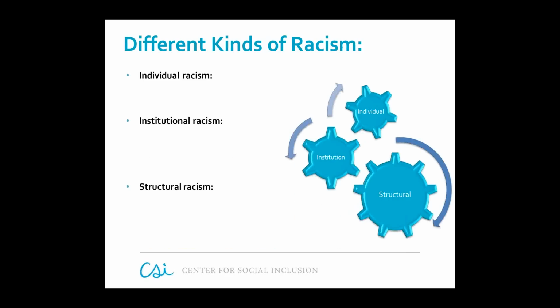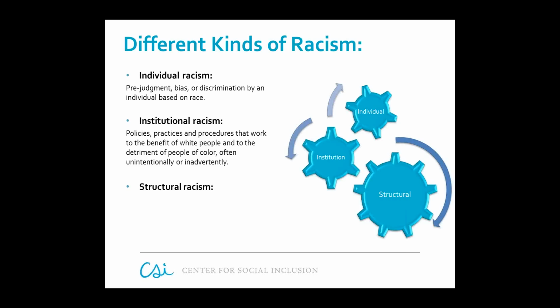So now that we've shot down the idea of post-racialism, let's examine the different types of racism that do exist. We are going to focus on structural racism, but I think it's important to talk through these different types. Individual racism is judgment or bias or discrimination by an individual based on race.